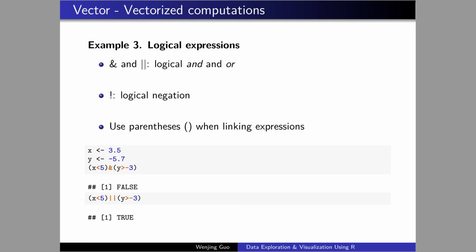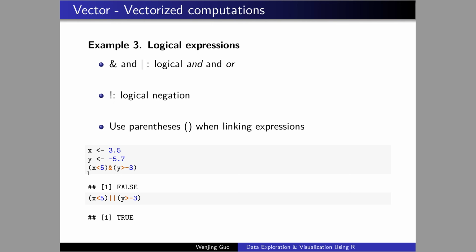R has some logical expressions. We can use ampersand and double vertical lines to represent logical and and logical or respectively. We can use an exclamation point to represent logical negation. We can use parentheses to link expressions. For example, x is equal to 3.5, y is equal to minus 5.7.